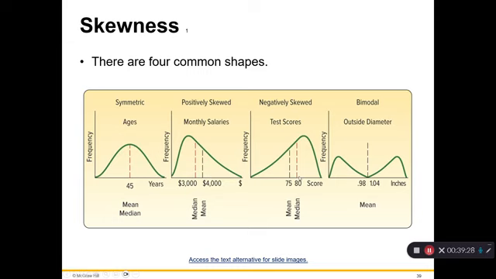And negatively skewed shape is like this, where median is more than mean. In the second one, median is less than mean.